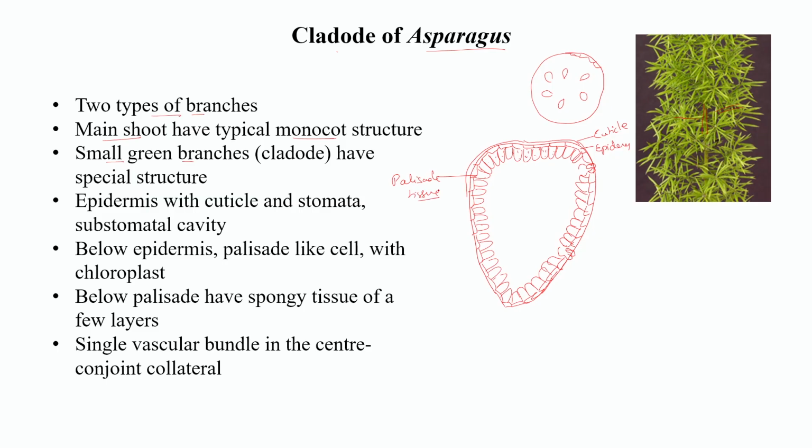Now below this palisade tissue, you will see presence of a spongy parenchyma. Okay, they will be loosely arranged. These cells will be loosely arranged and they will fill the entire tissue. Okay, and between them you will see a single vascular bundle.